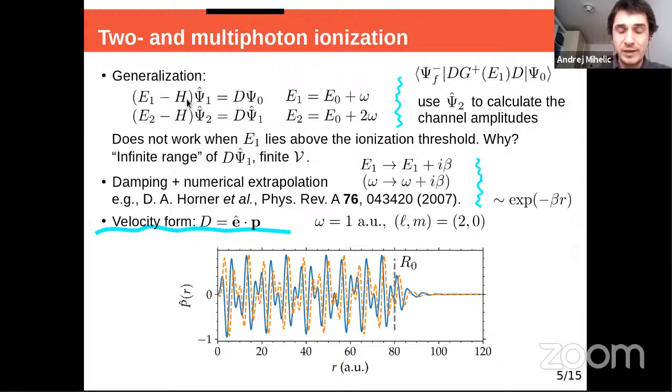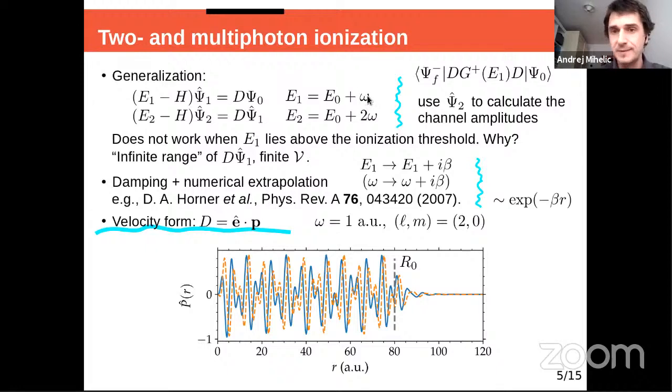So we cannot actually enclose the driving term in a finite volume, which breaks one of our assumptions that we made.